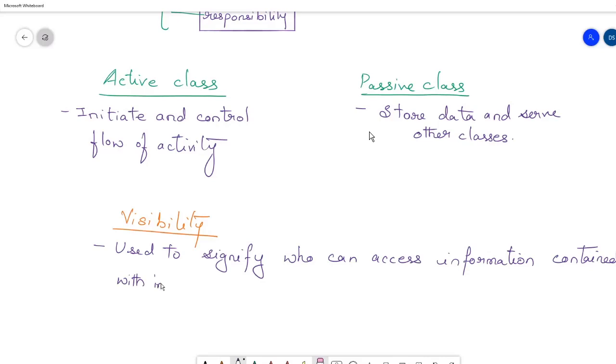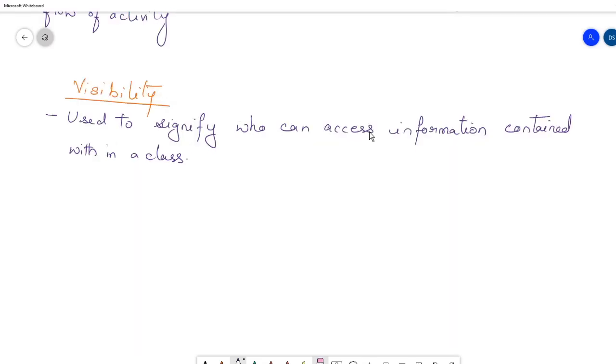Let's see what those markers are. We usually call them visibility markers. Okay, so I'll just make a class. So this is a class. In this class, we'll have a class name which should be written in bold.